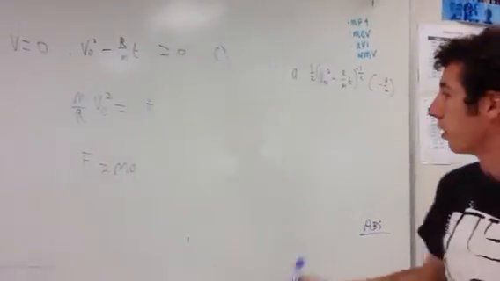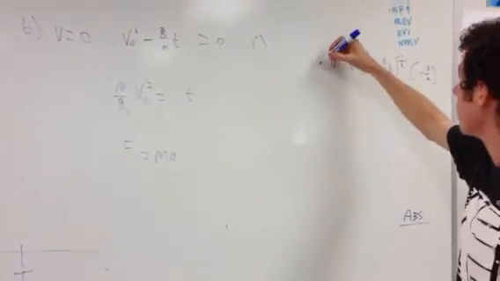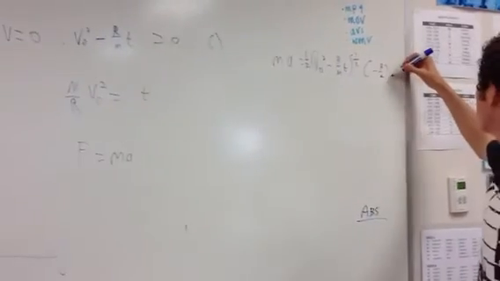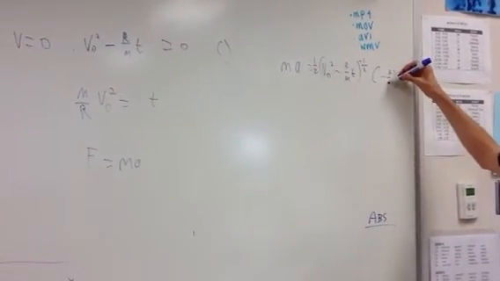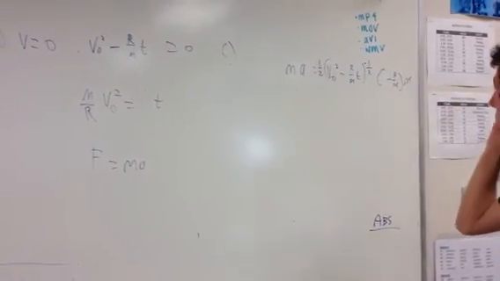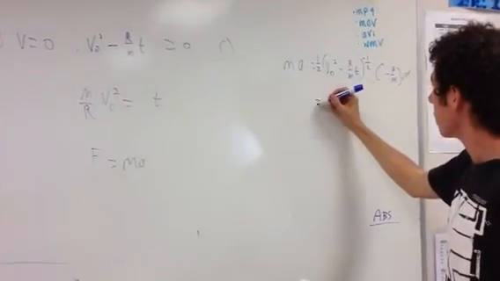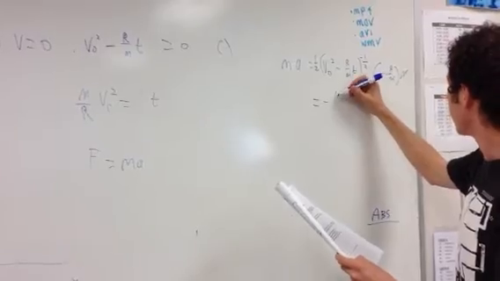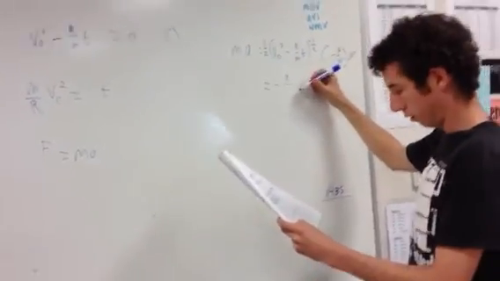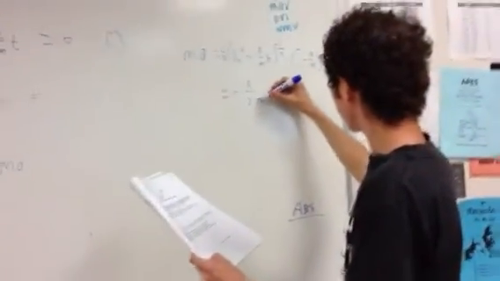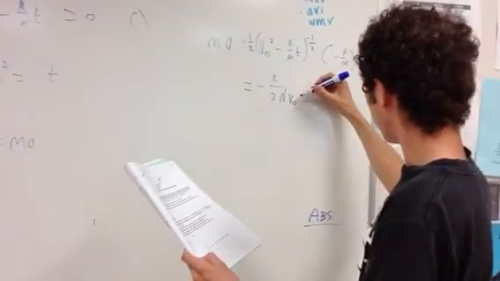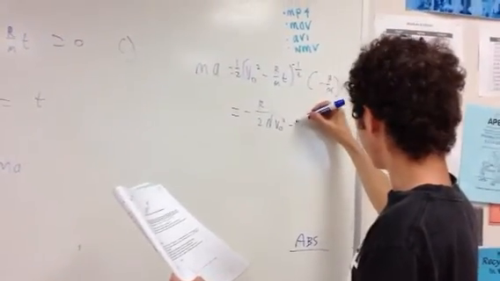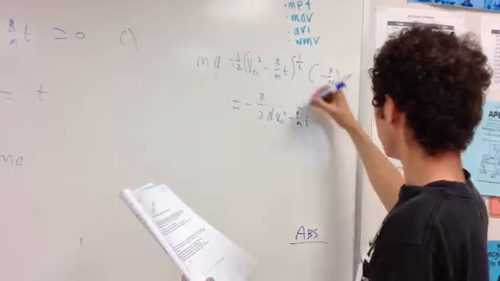So if I'm looking for force as ma, then I just need to multiply this by mass. Now my mass here is going to cancel out, and this is going to simplify down to -R over 2 radical v naught squared minus R over m t.